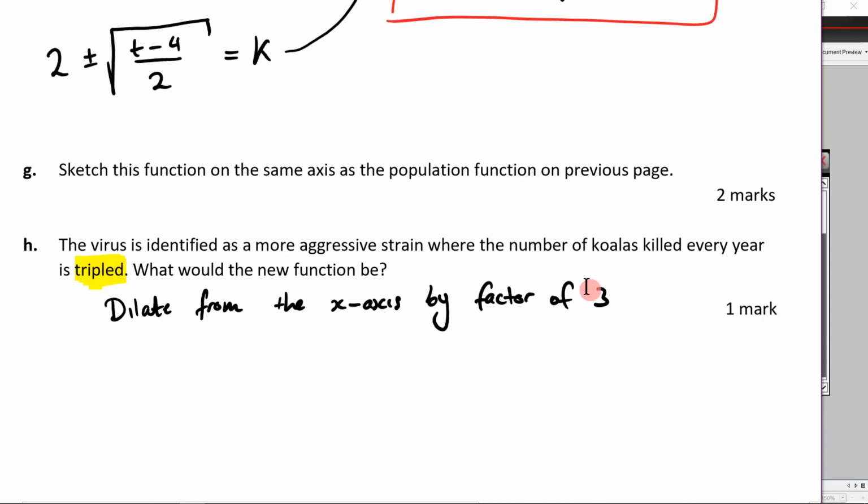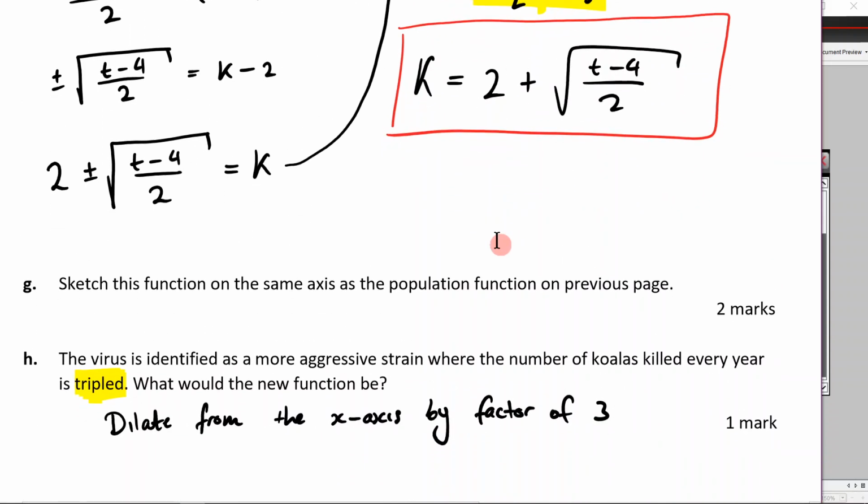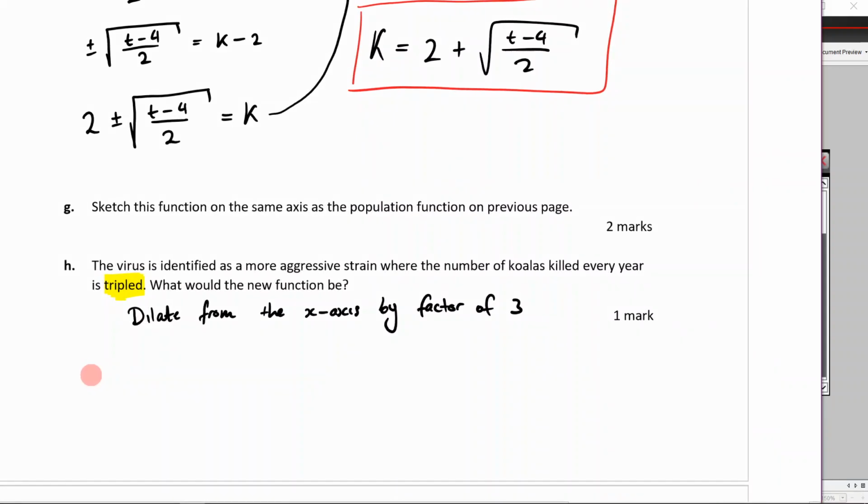So we're going to take this right here. Let me just zoom out a bit. We're going to take this, k is equal to 2 plus the square root of (t minus 4) over 2. And what we're going to do to it is multiply the whole thing by 3.